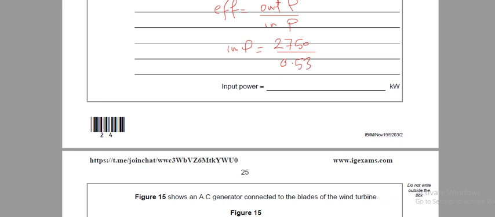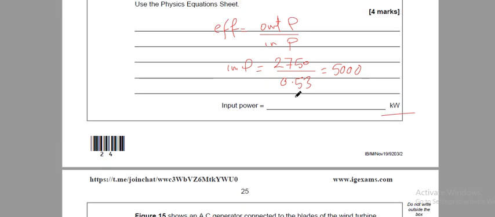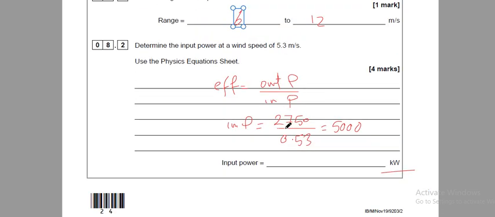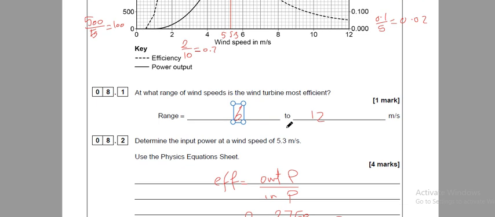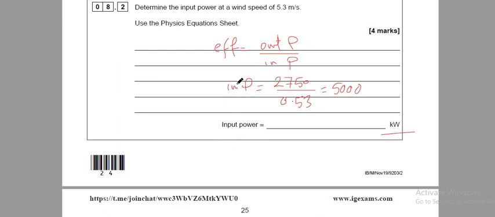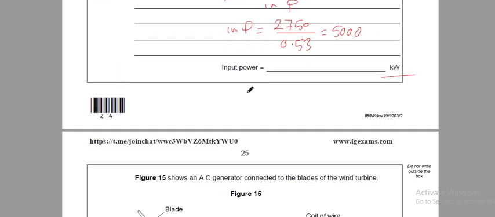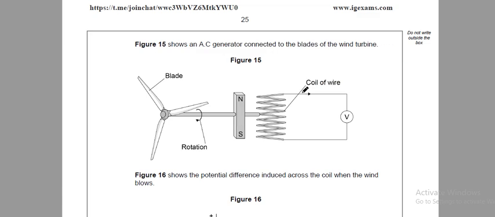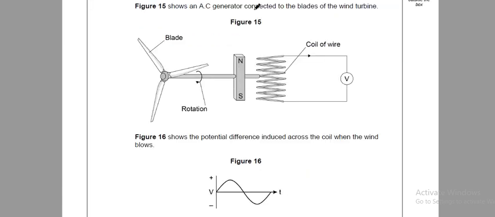The answer will be 5000 kilowatts, as the 2750 value taken from the y-axis is in kilowatts, and efficiency is certainly a ratio, so the input should be in kilowatts. The figure shows an AC generator connected to the blades of a wind turbine.